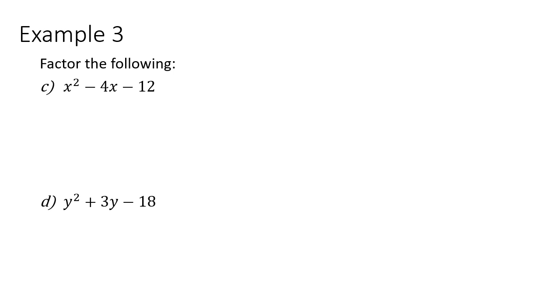So for x squared minus 4x minus 12, I'm looking for two numbers whose sum is the minus 4 from in front of the x, and whose product is a times c, but since a is 1 in this case, it's just c. So whose product is negative 12. And so because the product is negative this time, that means the signs are different.